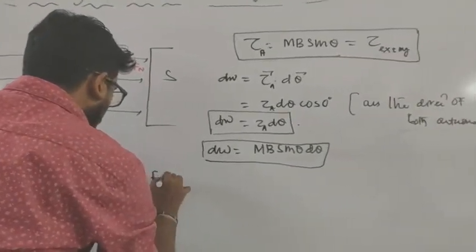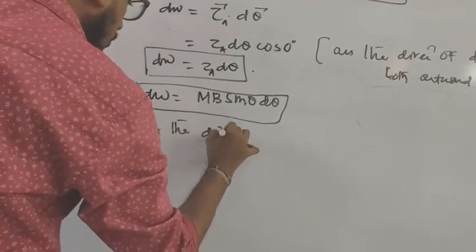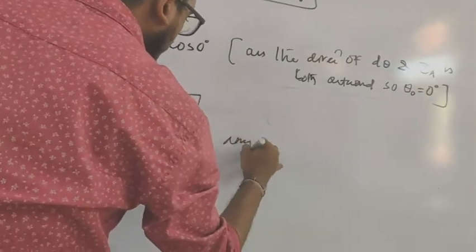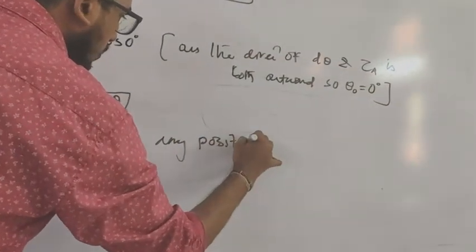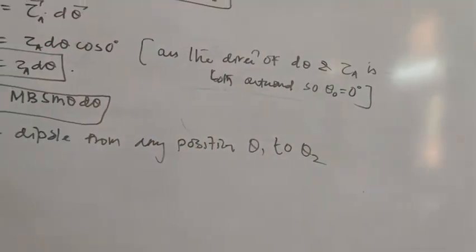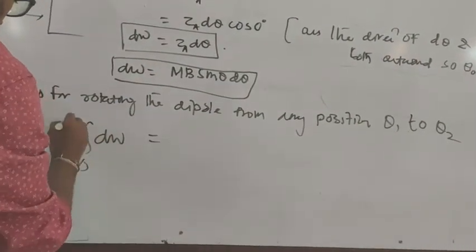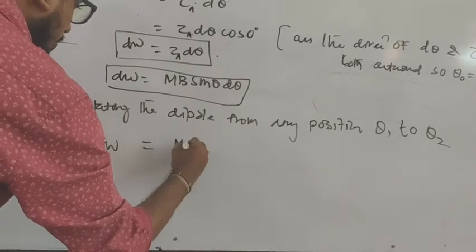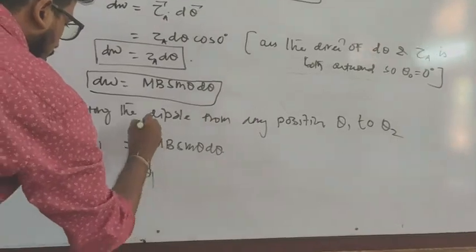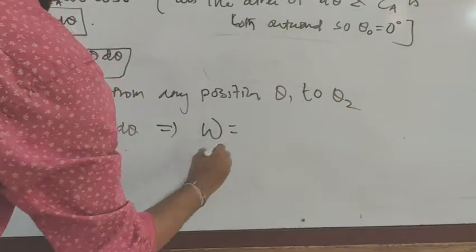So for rotating the dipole from any position theta 1 to theta 2, the total work done will be the integration of dW from 0 to W, which is equal to the integration of mB sin theta d theta from theta 1 to theta 2. So we can write the net amount of work done.